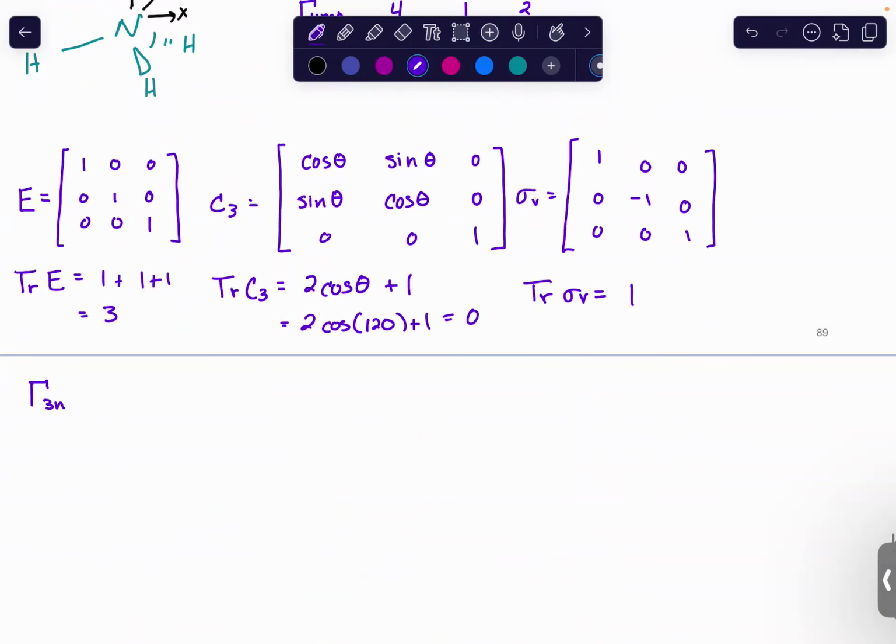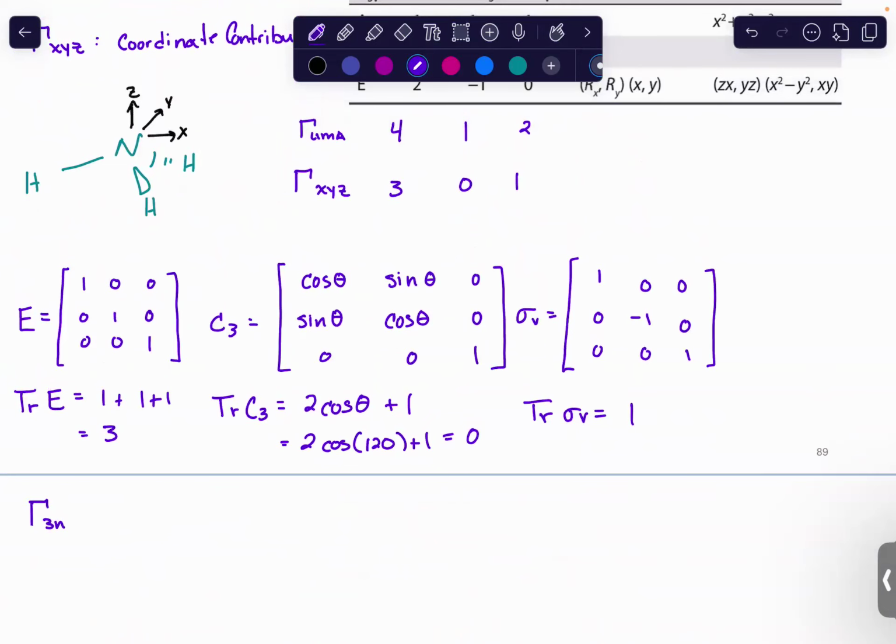No, so 3n, remember, is your total degrees of freedom. So that's going to include translation, rotation, and vibration. That's why for a nonlinear molecule, 3n minus 6 are your degrees of vibrational freedom.